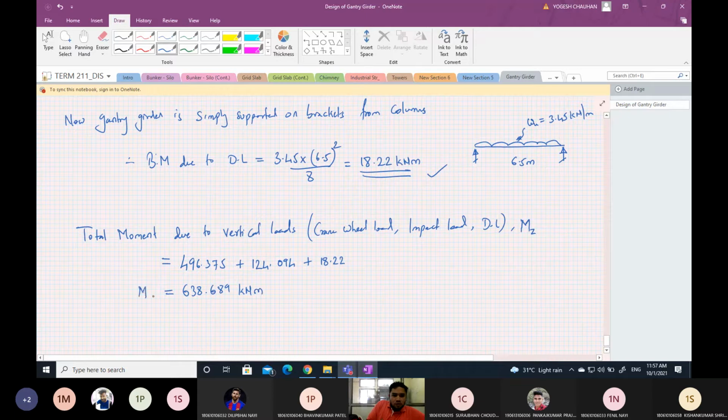This is MZ. Now this was all because of the vertical loads.